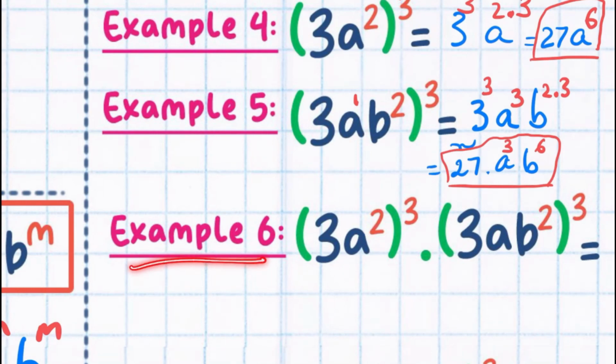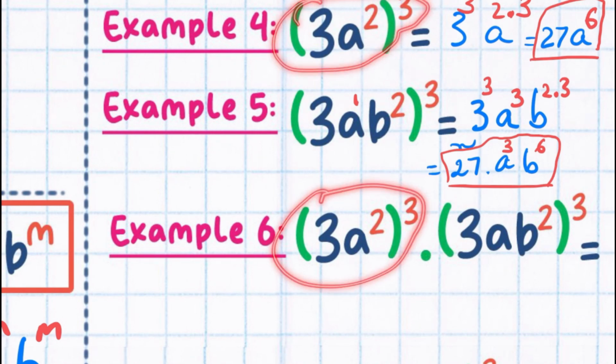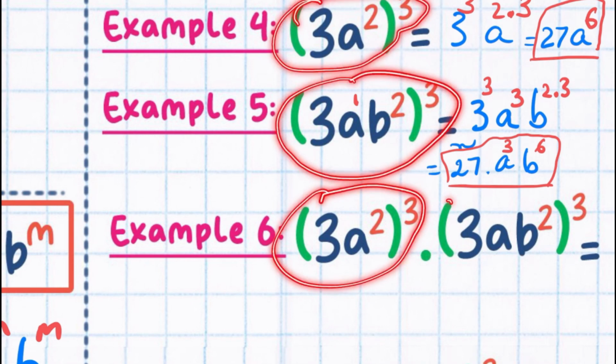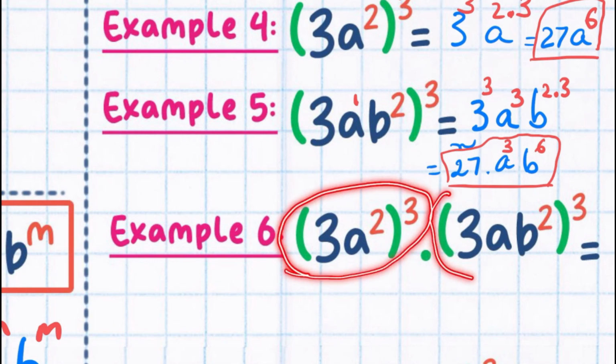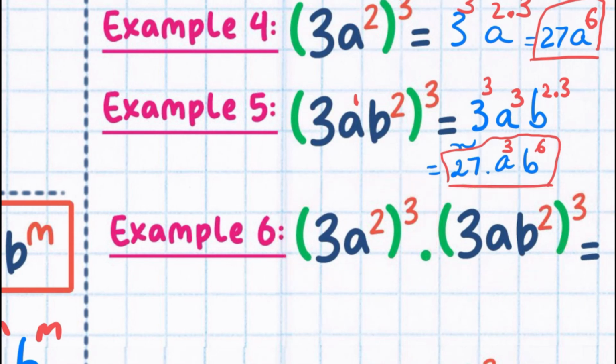For example 6, I use example 4 multiplied by example 5. So I have example 4 times example 5. It looks very complicated, but it's actually easy. You need to simplify this one first and then this one after, and then multiply.